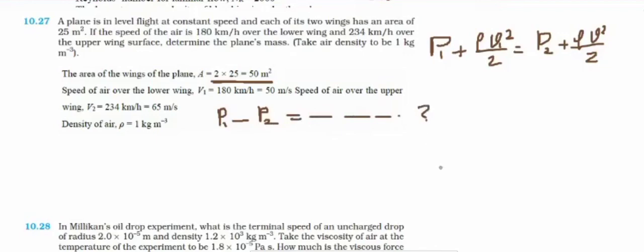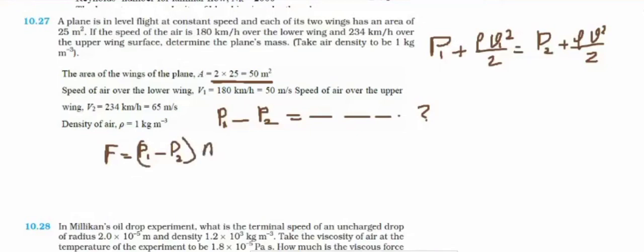Once you get the value of pressure difference, then you can calculate the force applied by the air, the upward lift. Force is equal to pressure difference, P1 minus P2, into area.